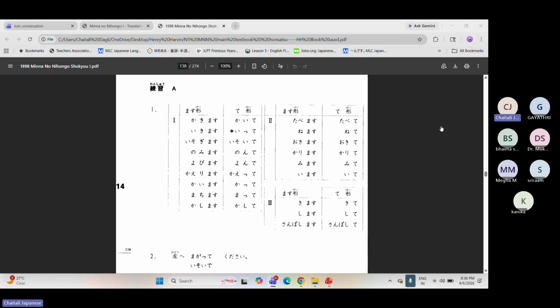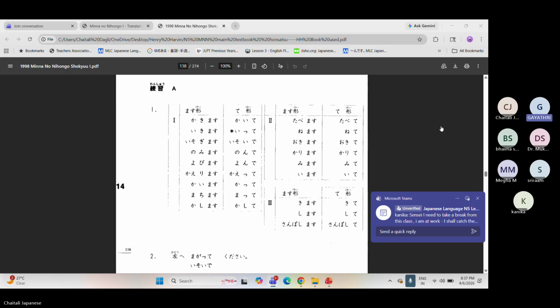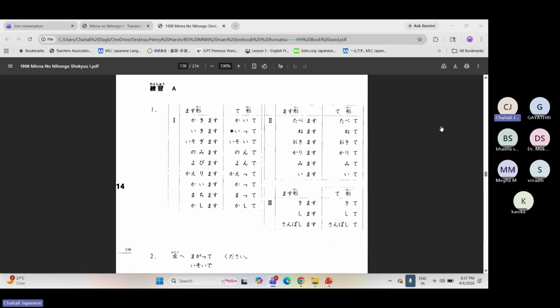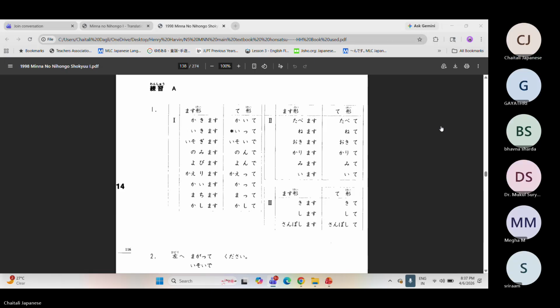Can you see that e is coming? Can you see that I'm stressing towards ri more in one and in kaerimasu I'm not stressing? Okay. Sure, Kanika, go ahead. Arigato, sensei. Got it, Gayatri? Are you clear? Yes, ma'am. Perfect.